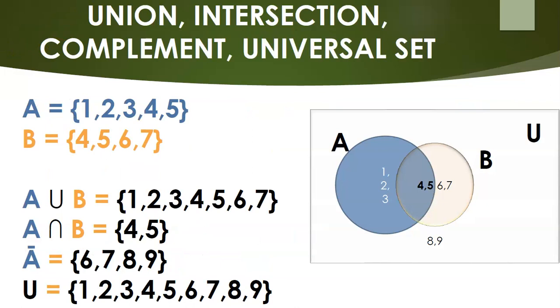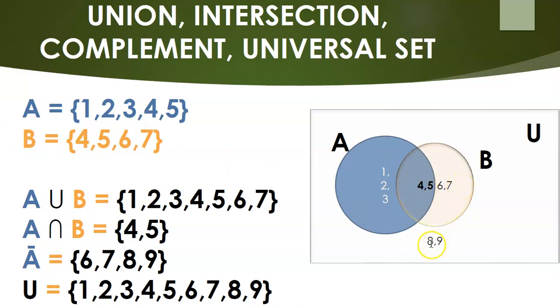So getting more into the details, let's look at what is a union, an intersection, a complement, and a universal set. First off, in this example we have two sets here. Set A consists of the numbers 1, 2, 3, 4, and 5, and set B consists of 4, 5, 6, 7.